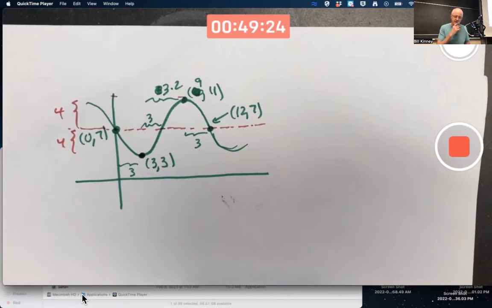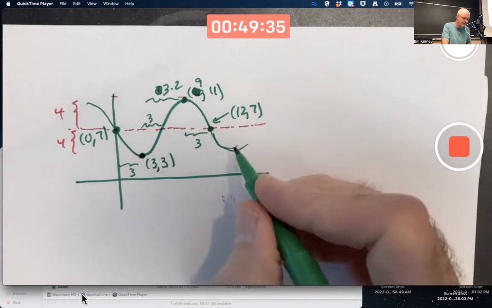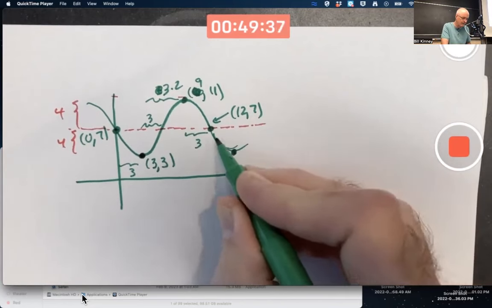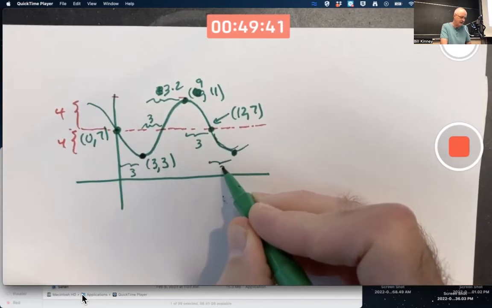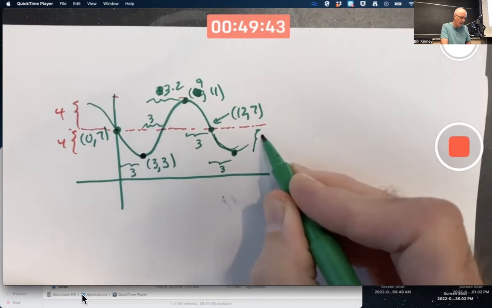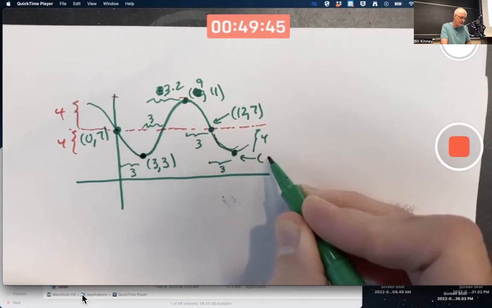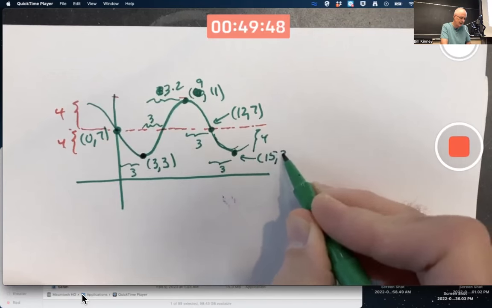And I can now also figure out the wavelength or period of this graph. Maybe it would be helpful to find one more point. This point right here. I continue to the right by 3 and down by 4. This point is going to have coordinates 15, 3.